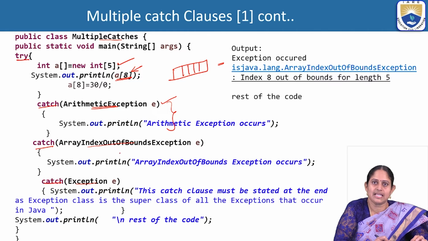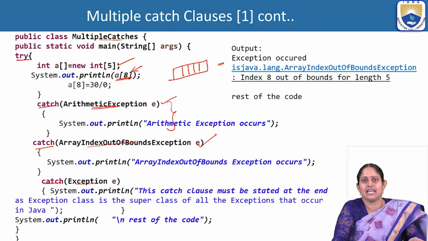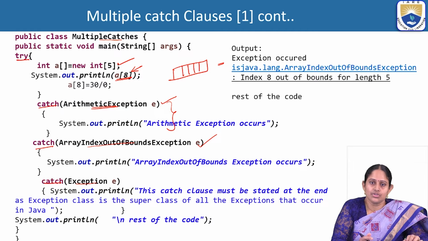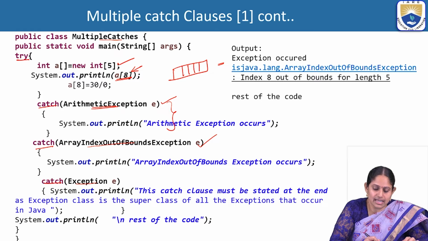Next, it will check with the second one, which deals with the array index out of bound exception. At this point, we get a match, so whatever is kept inside that catch block will be executed, and it will display this statement.